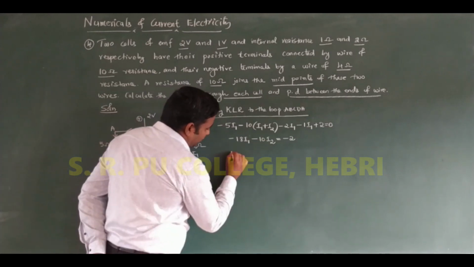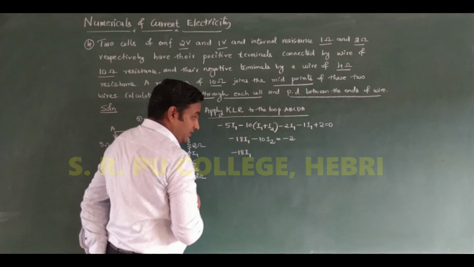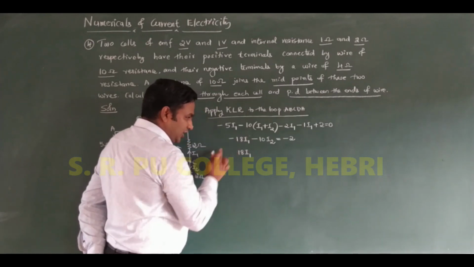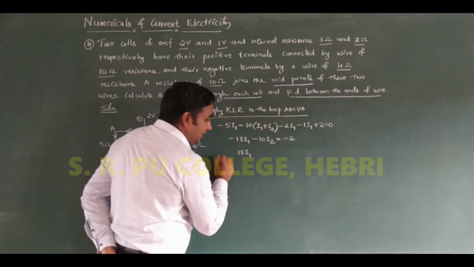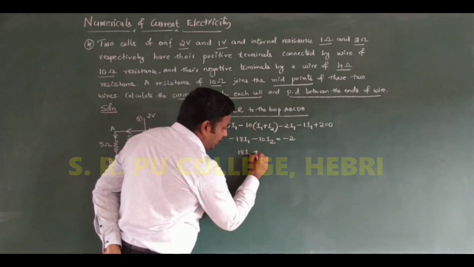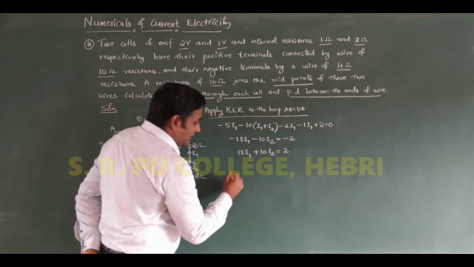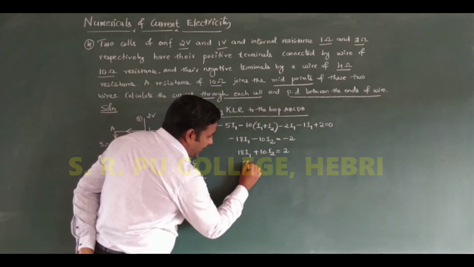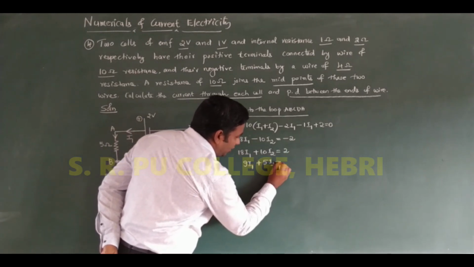After simplification we can write minus 18I1, and we can write it as plus. Take all the terms positive, because the negative signs get cancelled here: 18I1 plus 10I2 is equal to 2. In other words, we can write 9I1 plus 5I2 is equal to 1.